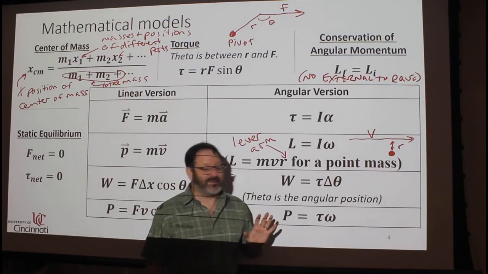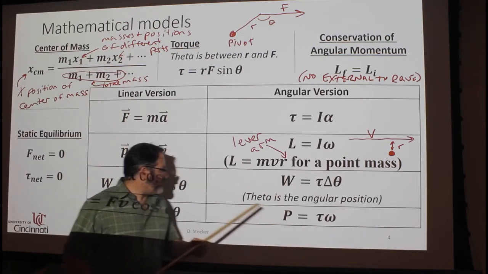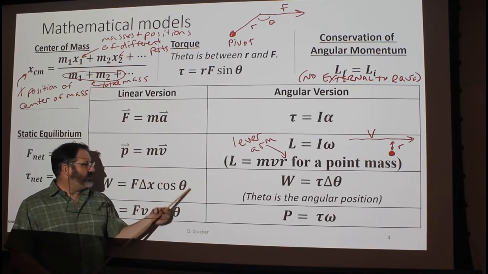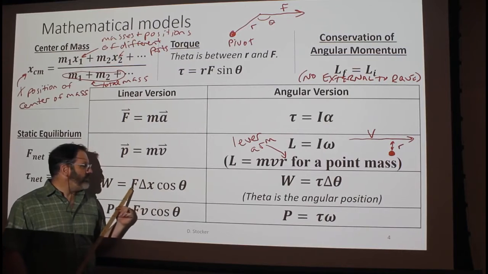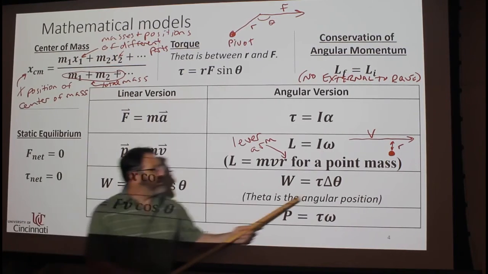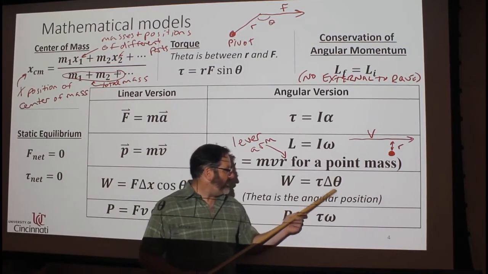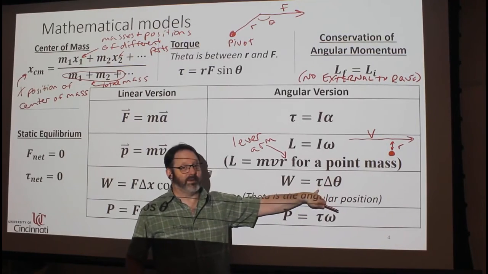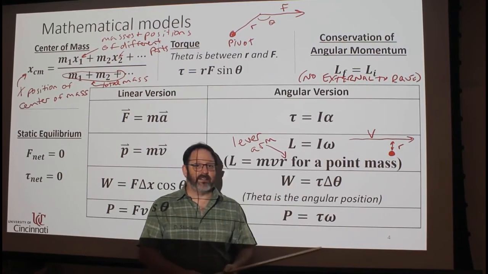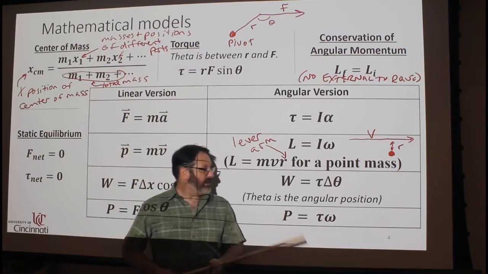We're not going to touch three-dimensional rotation. Now, one thing that's important to note, this theta here was the angle between force and displacement. This is a very different theta. It is not an angle between torque and something else. This is the angular displacement.